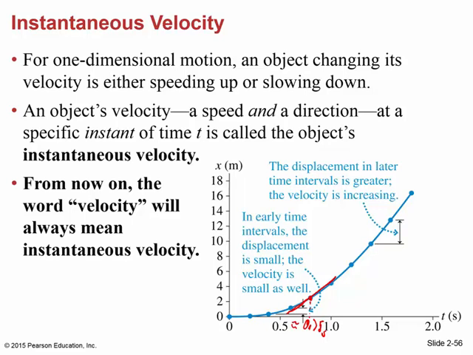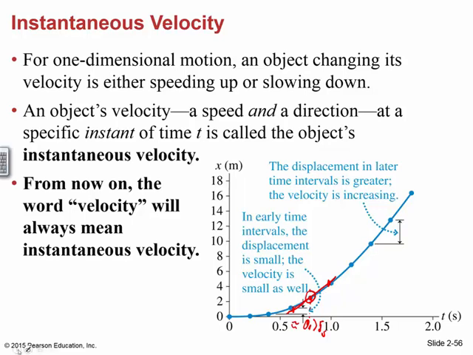We could take the slope of that line. We can draw a nice, perfectly straight line through that point at that given time, take the slope of that line by finding x and y here and x and y there, and that would be the instantaneous velocity for that given point.